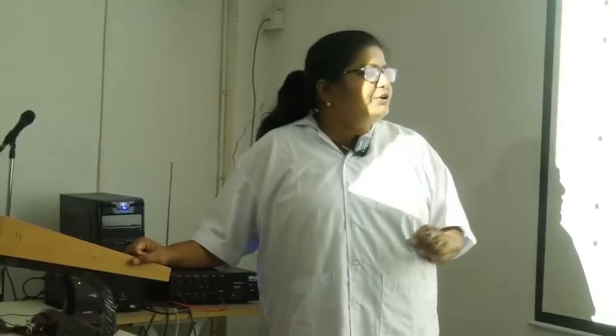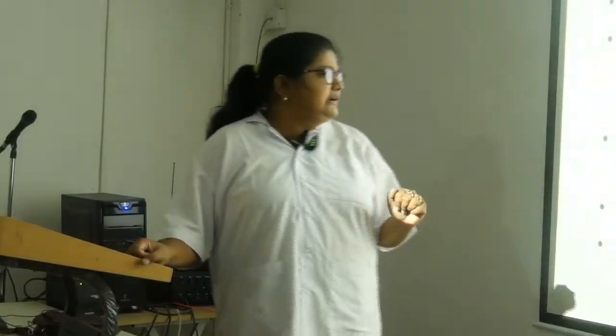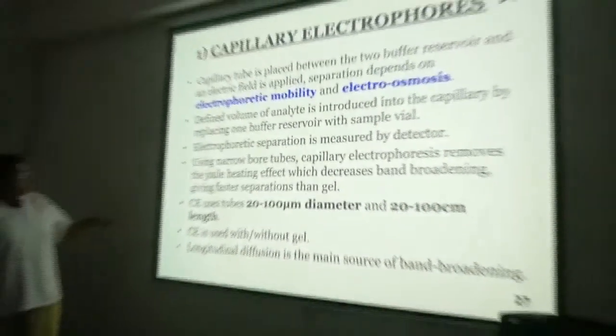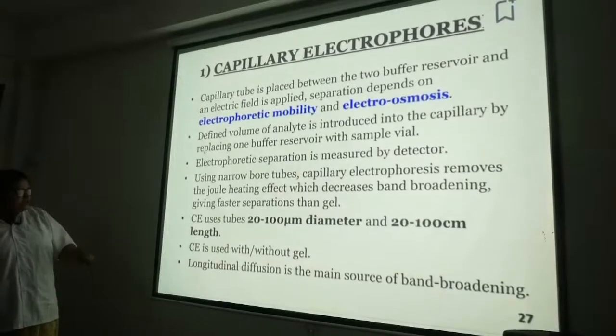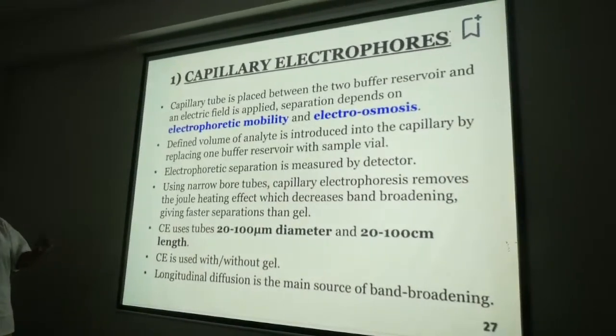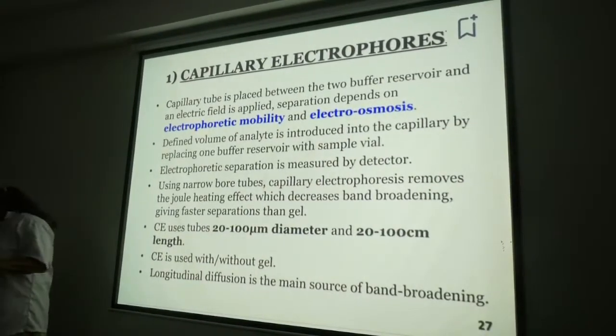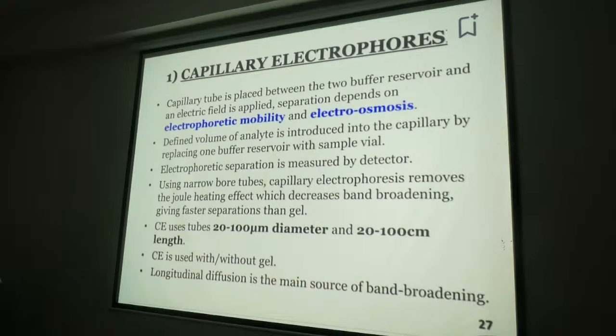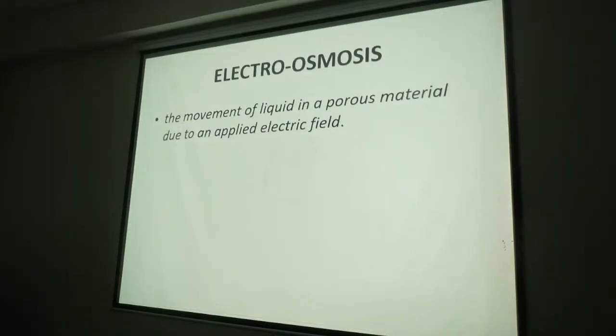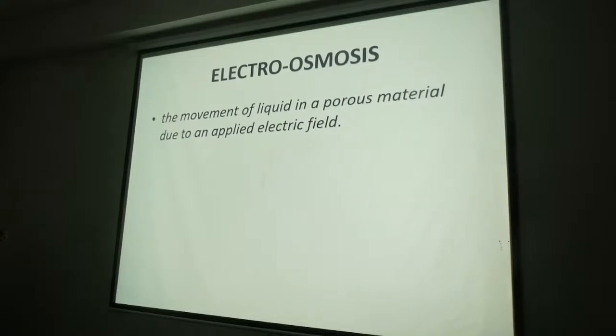Capillary electrophoresis uses tubes of 20 to 100 micrometer diameter and 20 to 100 centimeter length. The CE is used with or without gel, and longitudinal diffusion is the main source of band broadening. Electroosmosis. What is electroosmosis? It is the movement of liquid in a porous material due to an applied electrical field.